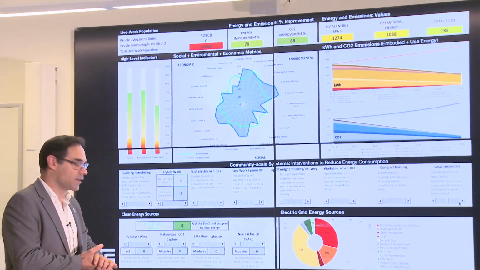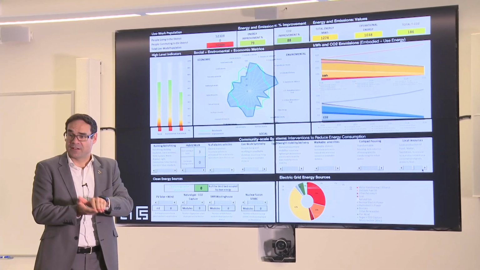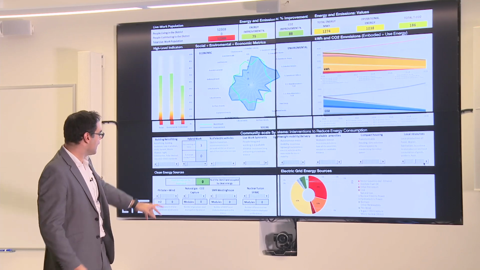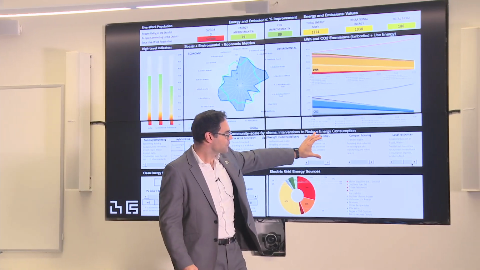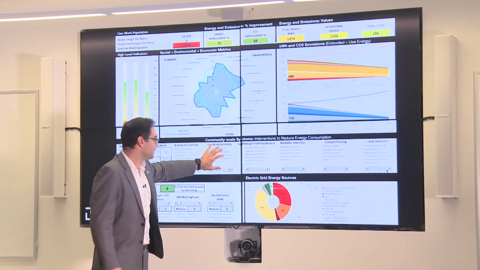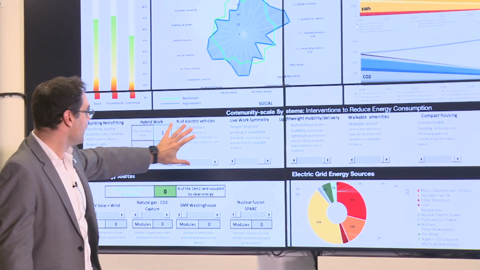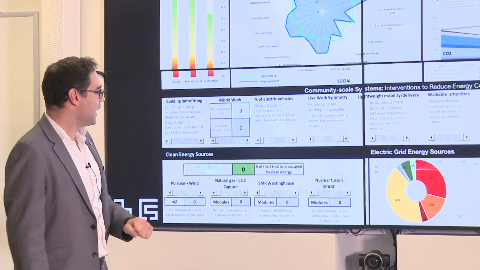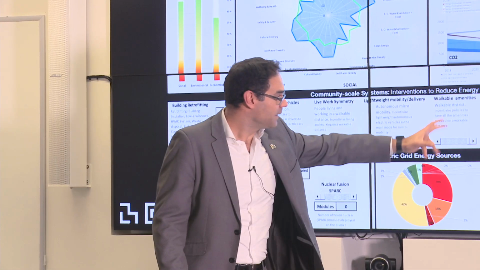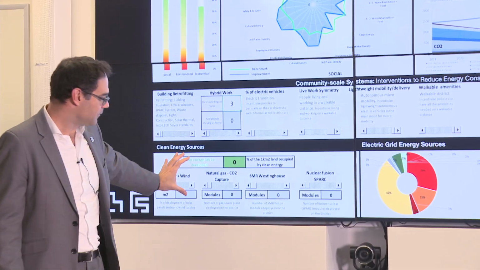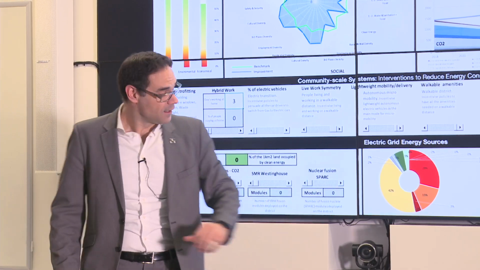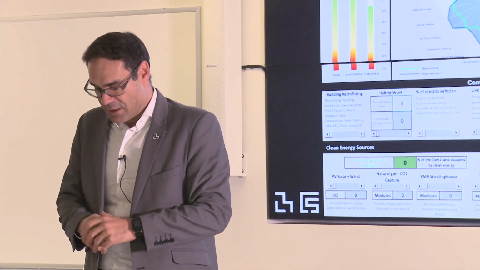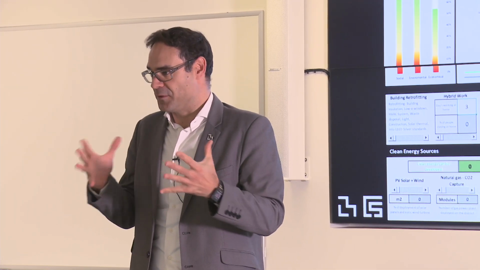There are some solutions where maybe you keep producing energy without the production of CO2. Then here you have the policies that you can use, like life work symmetry, walkable city, percentage of electric vehicles, hybrid work, building retrofitting, walkable amenities, etc. And here you have the energy source that you can use for producing the energy. So that was the first model that we did.